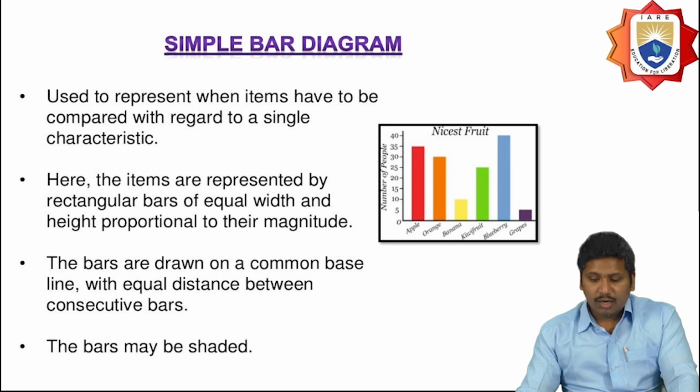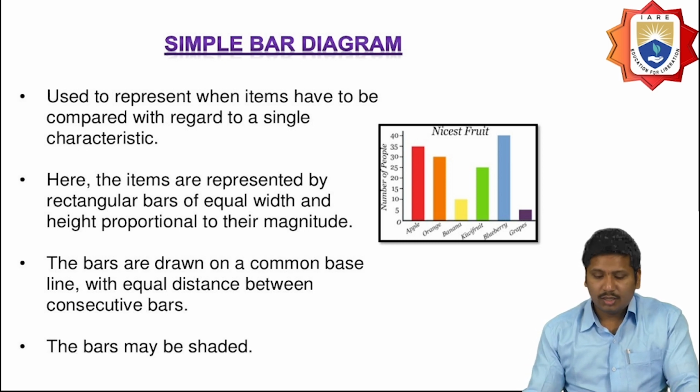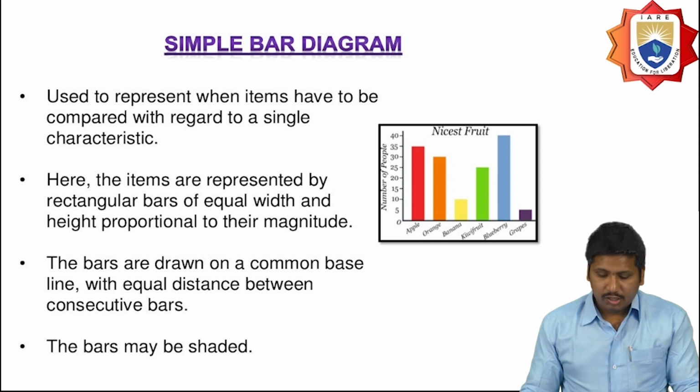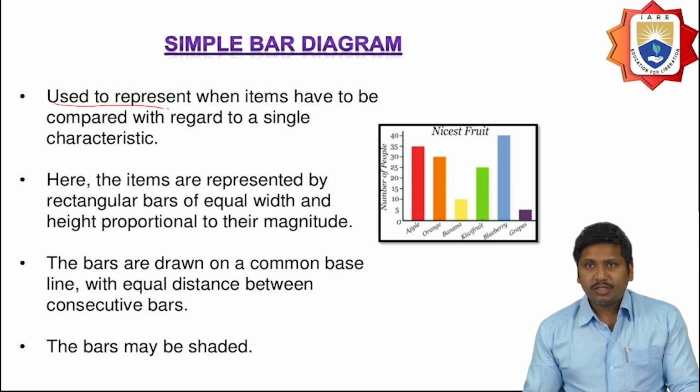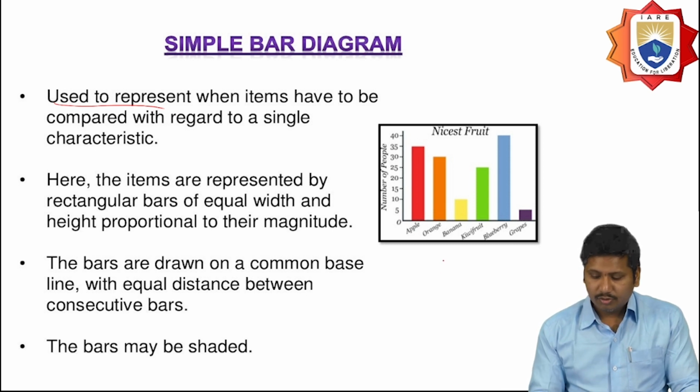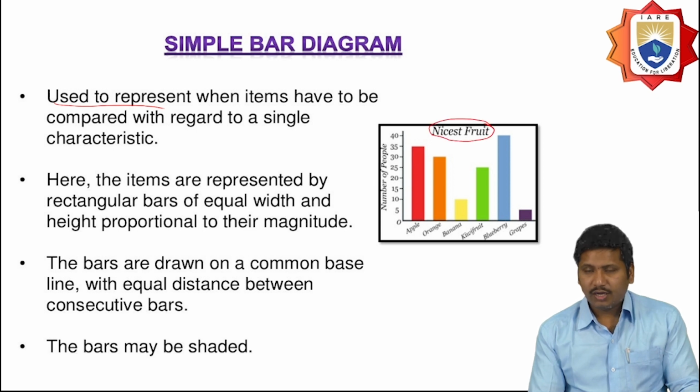And the next one is the simple bar diagram. In a simple bar diagram, I represent only bars of equal width. This is used where items are compared on a single characteristic. Suppose I want to compare a characteristic like the nicest fruit, I have to find it out. Whether it is apple, orange, banana, kiwi, blueberry or grape, what is the nicest fruit I have to find out, right?